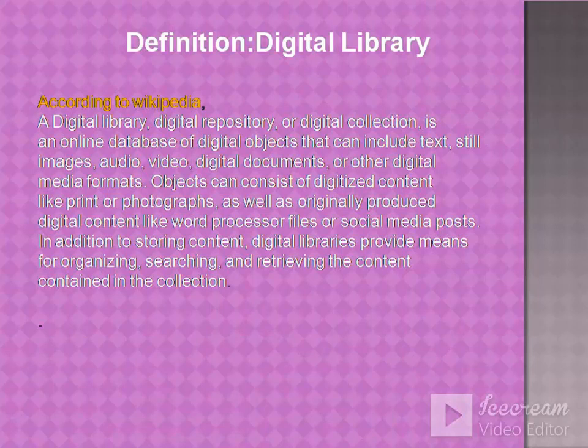These objects can consist of digitized content like print or photographs, as well as originally produced digital content like word processor files or social media posts. In addition to storing content, a digital library provides means for organizing, searching and retrieving the content in the collection.